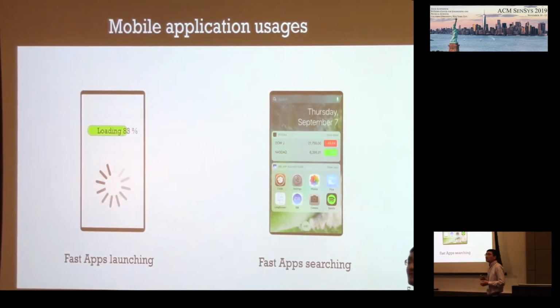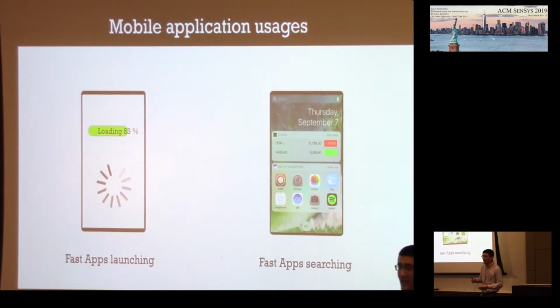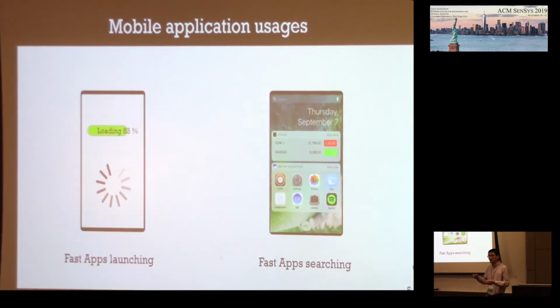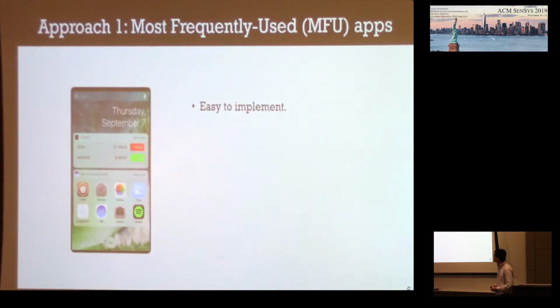This is a very important question because if we can do the prediction, we can load the applications beforehand to save the loading time and improve the user's experience. We can also give some suggestions to the user, like this one, and the user can find the application she wants to use quickly to save the time to search for the proper application.